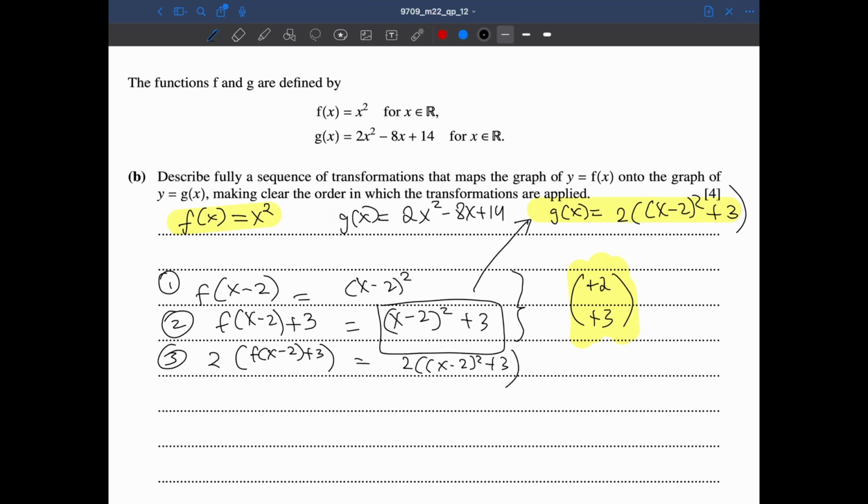And the scale factor is basically just the number that we're multiplying with. So since we're multiplying by 2, this is going to be a stretch by a factor of 2 on the y-axis.